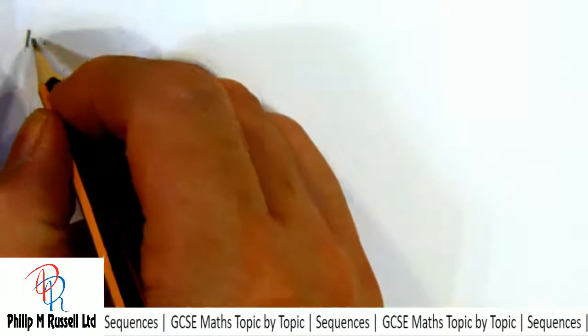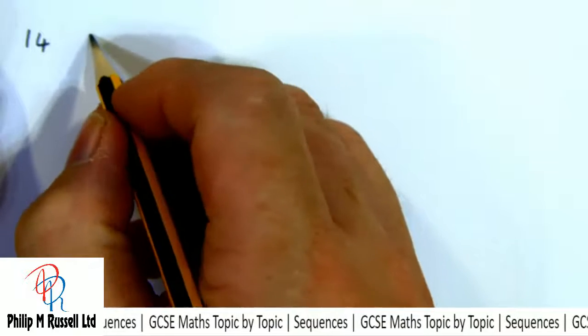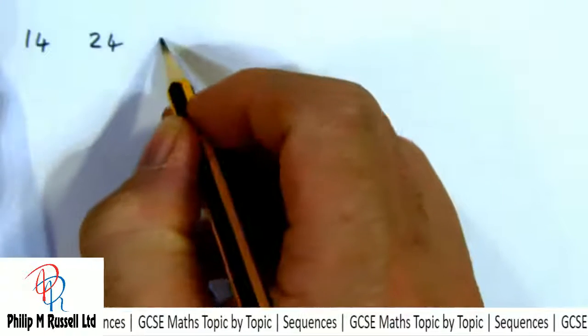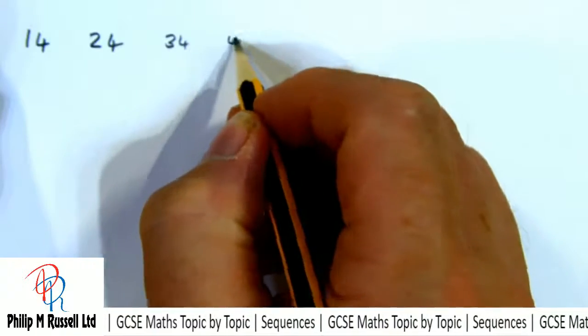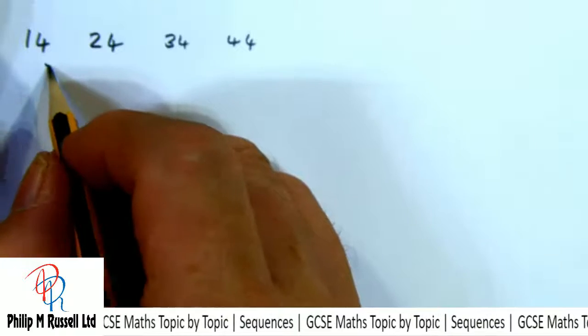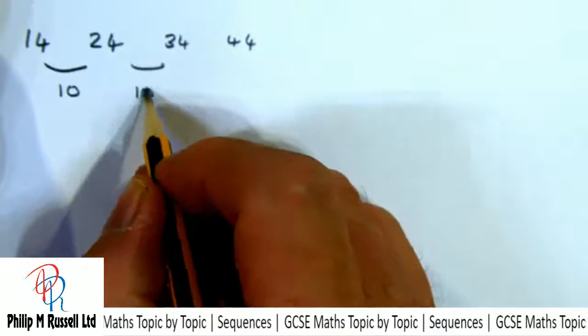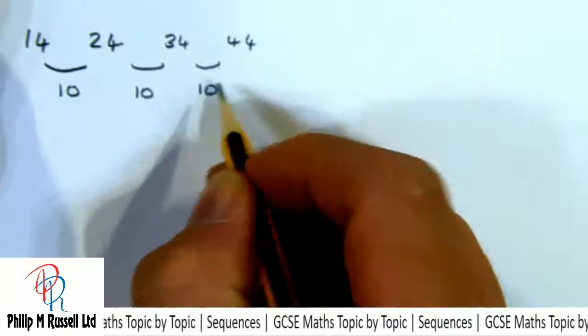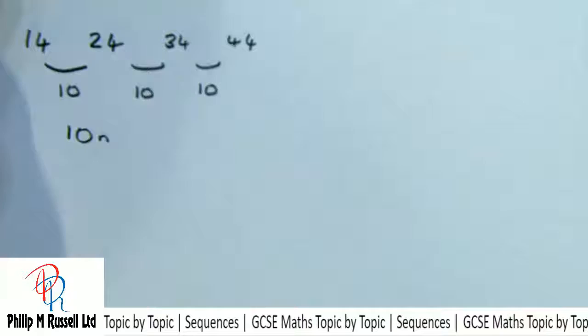Let's look at another sequence. Let's go with something like 14, 24, 34, 44. This is an easy one because we've got a difference here of 10. So this is going to be 10n.